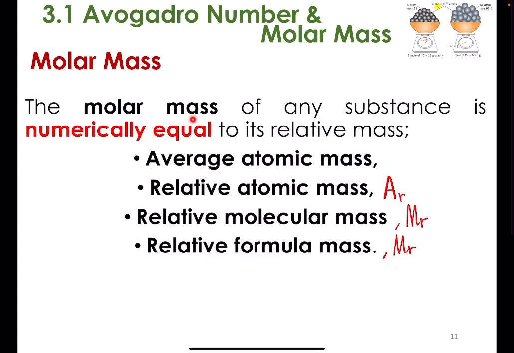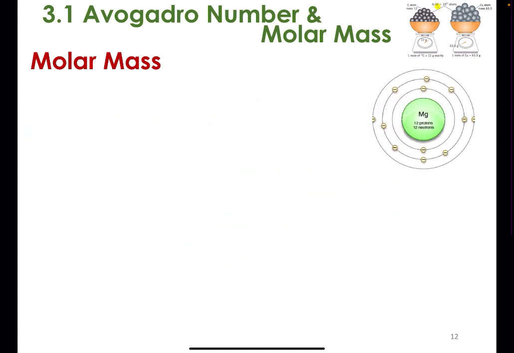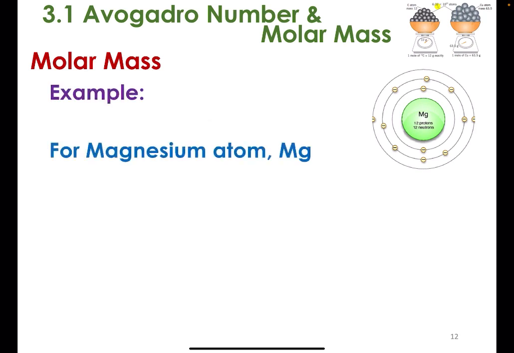So untuk lebih faham macam mana how it works, kita akan lihat contoh daripada example yang saya akan terangkan dalam page yang seterusnya. So mari kita lihat satu example di mana I got magnesium atom Mg, and how I want to calculate the relative atomic mass for Mg.